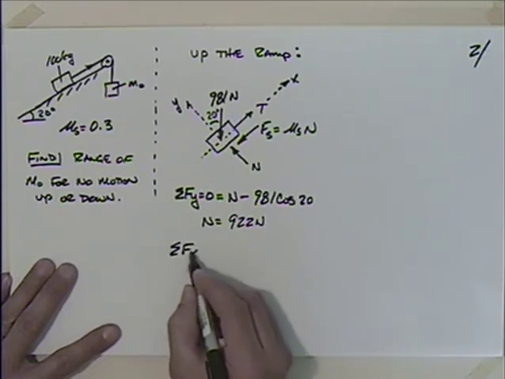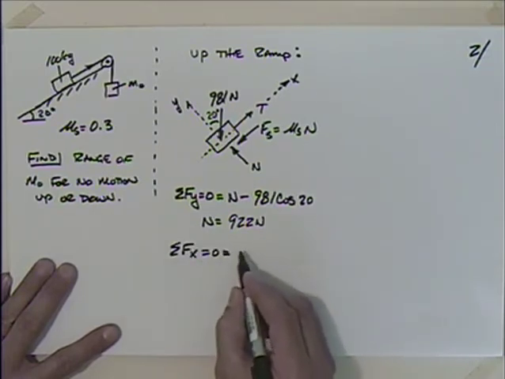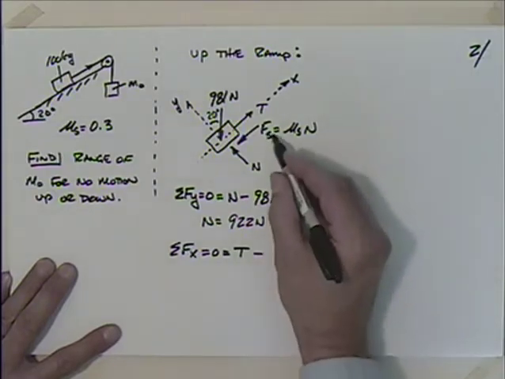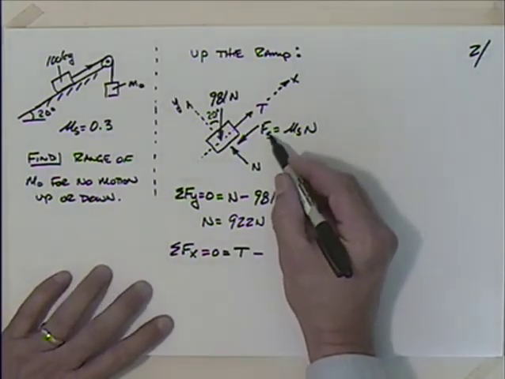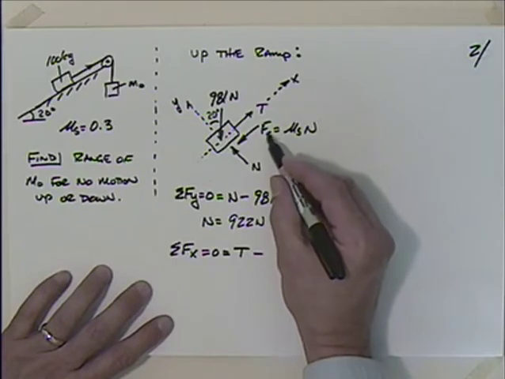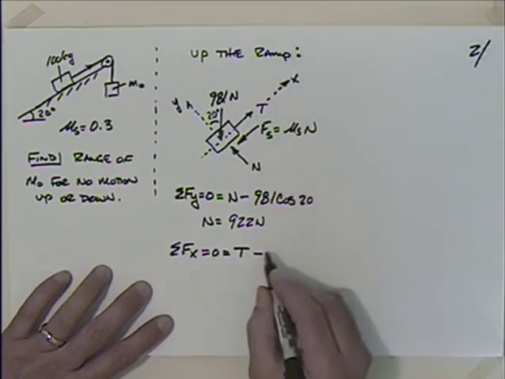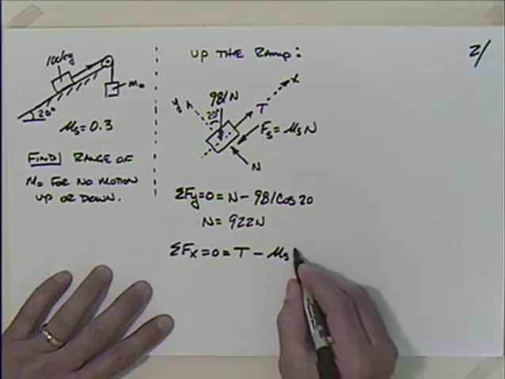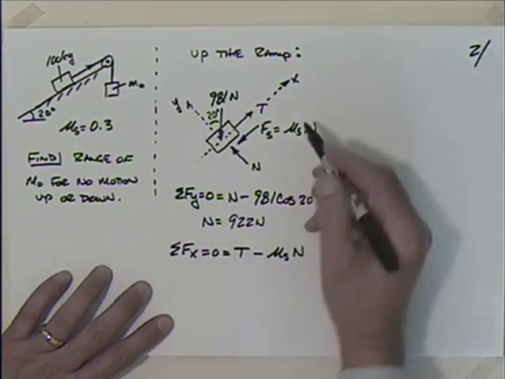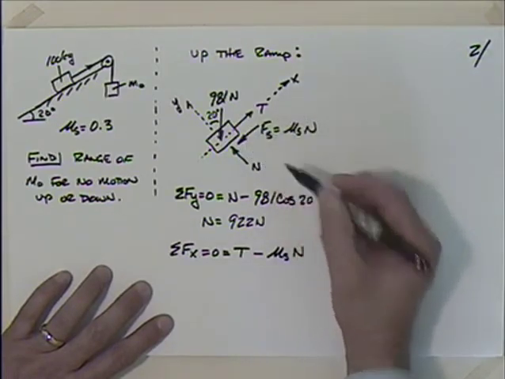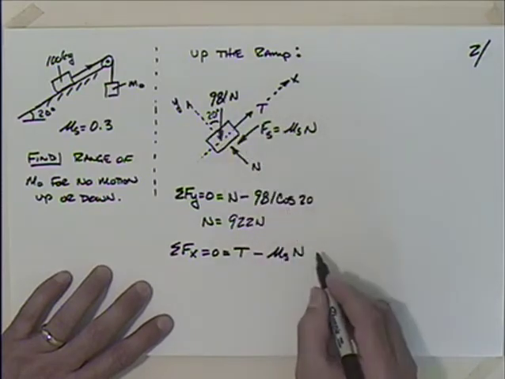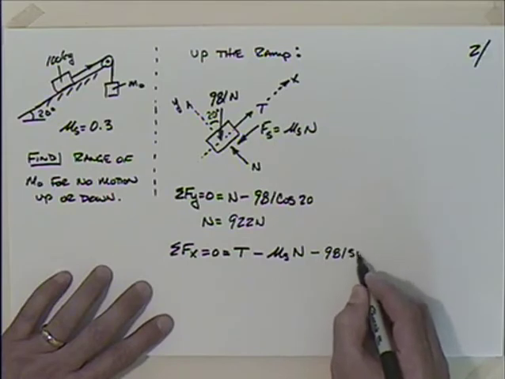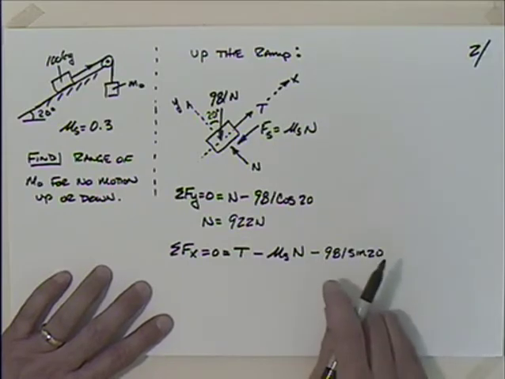So let's do that. Summing the forces in the x direction, setting that equal to 0. What do I have? I've got the tension force T minus this friction force. And I could write F sub s, but I don't know anything about F sub s. I think I'll use mu sub s times n. So I've got T minus that, and then I've got this component of this one, so minus 981 times the sine of 20, right?